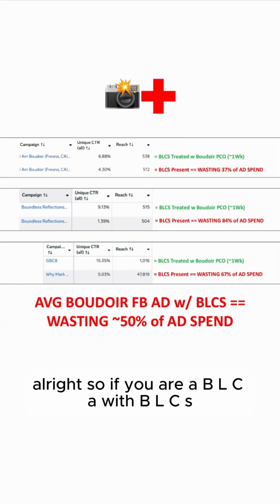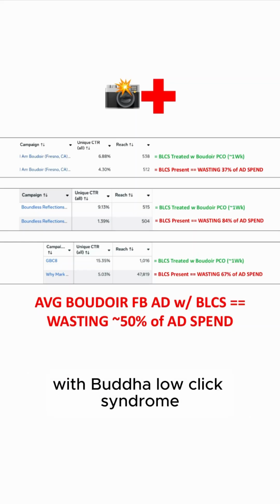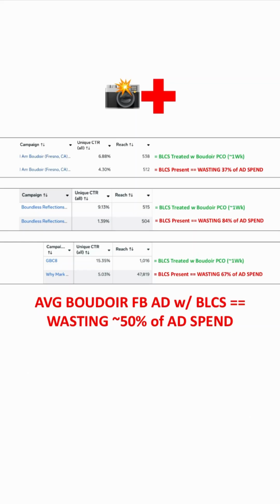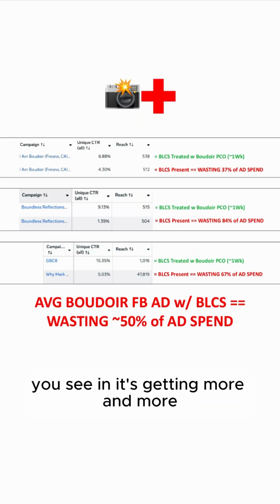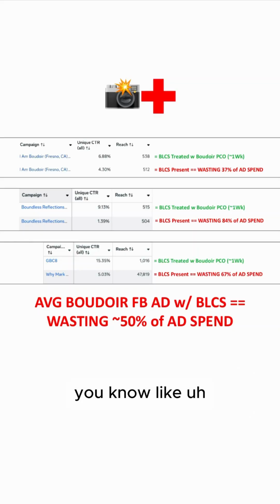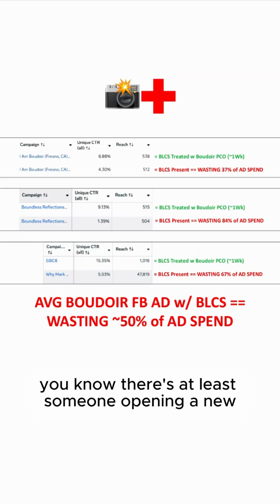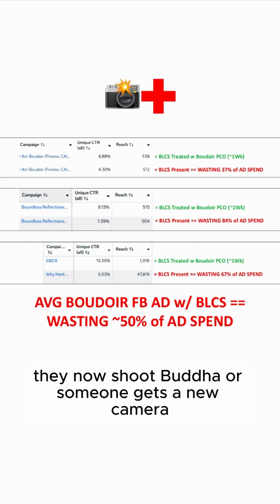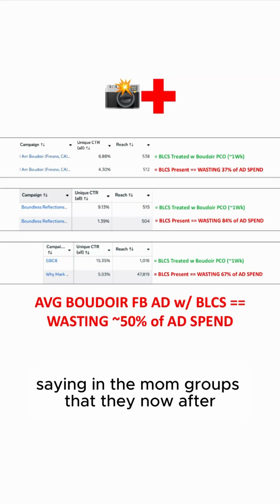All right, so if you are a BLCA with BLCS, so if you are a boudoir low click advertiser with boudoir low click syndrome, and you're spending more than 10 grand a month on Boudoir Facebook ads. And you look at it in the marketplace, you see it's getting more and more saturated for boudoir photographers. Like every time someone gets a new iPhone, there's at least someone opening a new Google Maps profile saying they now shoot boudoir, or someone gets a new camera and they're now saying in the mom groups that they offer boudoir shoots.